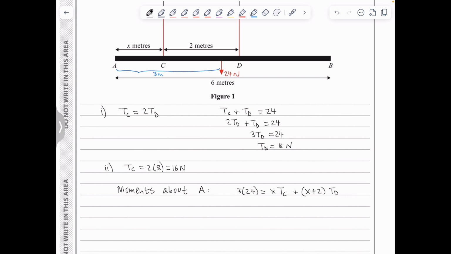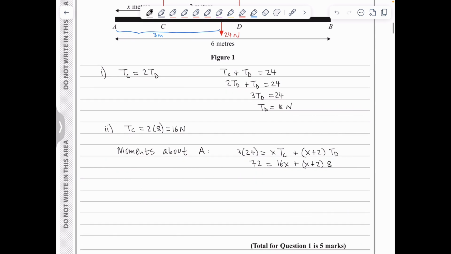We know TC and TD, so 3 times 24 is 72, which is equal to 16x plus 2 times the TD, which is 8. I will expand the right hand side to get 72 is equal to 16x plus 8x plus 16. This leads to 56 being equal to 24x, and therefore x turns out to be 7/3.